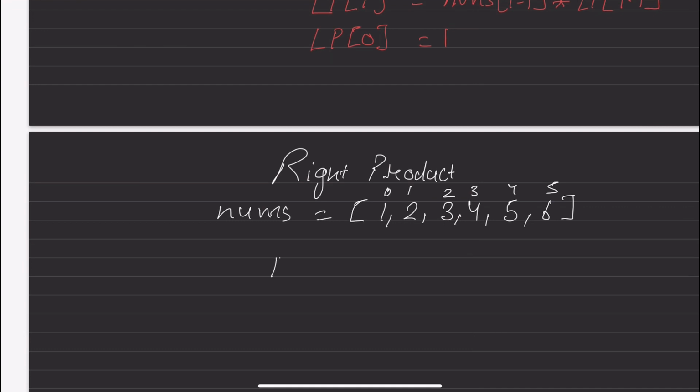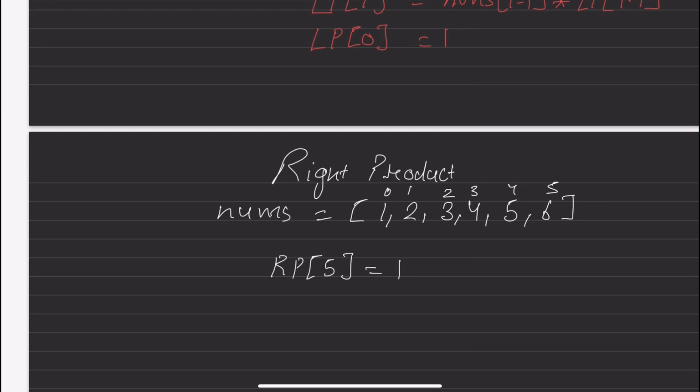So RP of 5, we always know that it is 1 only, because there are no elements to the right of index 5. Index 5 is the last of our nums, so RP of 5 will always be 1.